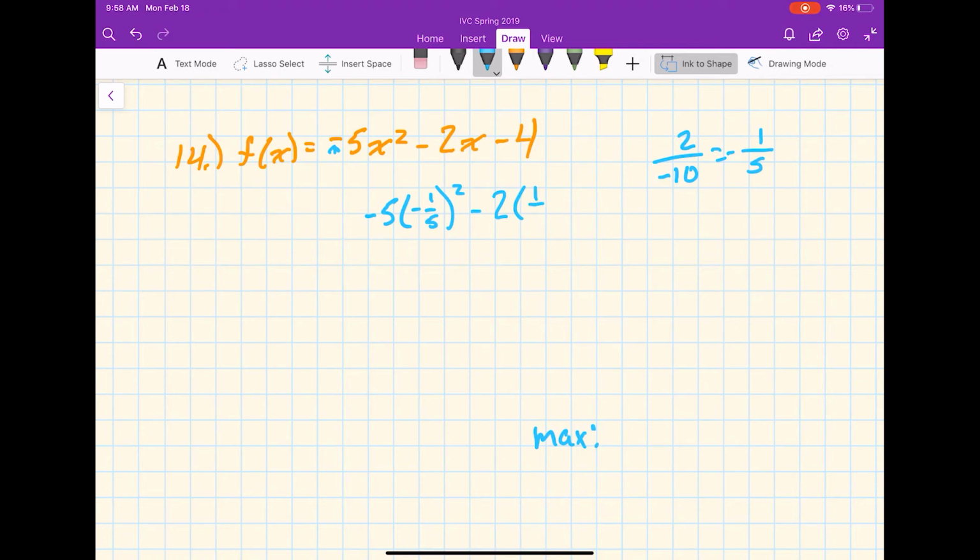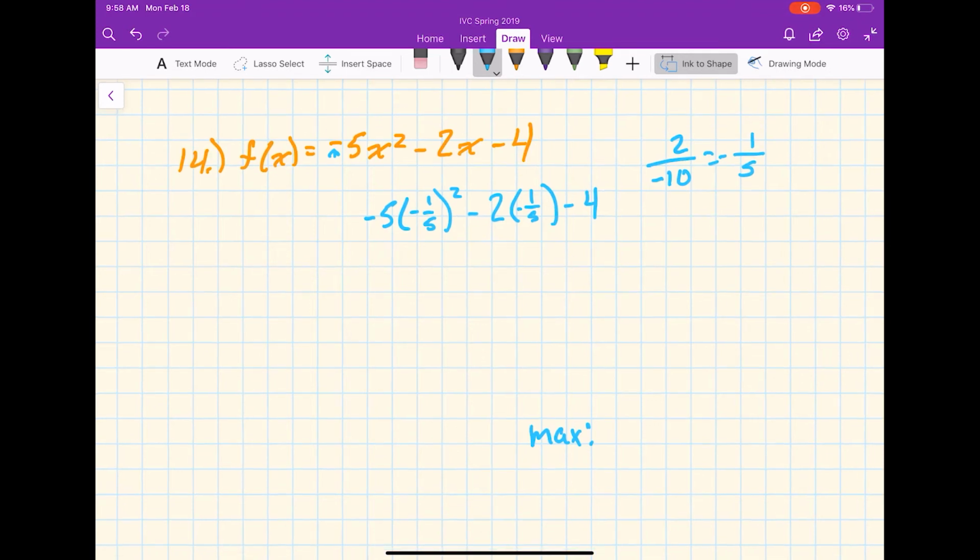Minus 2 times negative 1/5. Negative there, minus 4. All right, so it's going to be 1/25th. And then, right. I'm trying to go faster and it's making me go slower. Yes, this is 1/5 squared is 1/25th times 5.